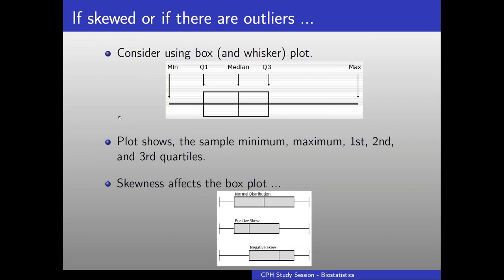In the graph below, you're going to see how skewness affects these box plots. If it's a normal distribution, the median is going to be in the middle, but if it's positive skew, the median is shifted toward the left. If it's negative skew, the median is shifted toward the right.